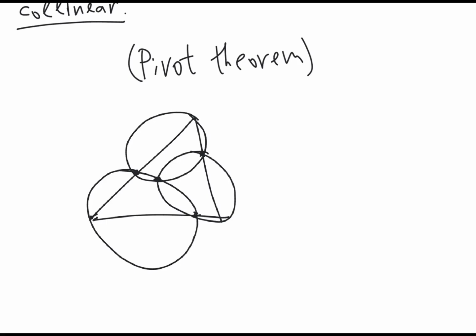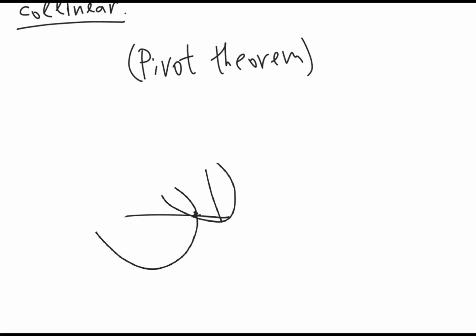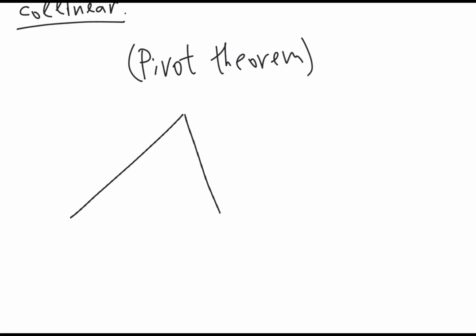Now there is a special case when these 3 points on the sides are collinear. Let's say we don't just take 3 arbitrary points, but we take 3 points that are collinear.